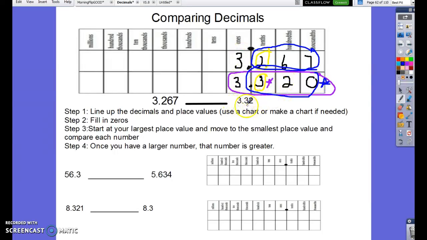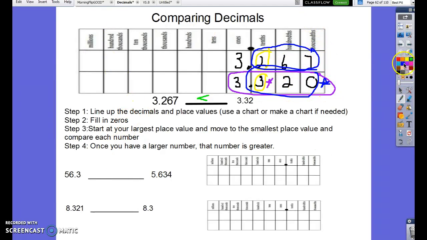So 3 and 32 hundredths is our larger number, so we're going to put 3 and 267 thousandths is less than 3 and 32 hundredths because it's equivalent to 3 and 320 thousandths.